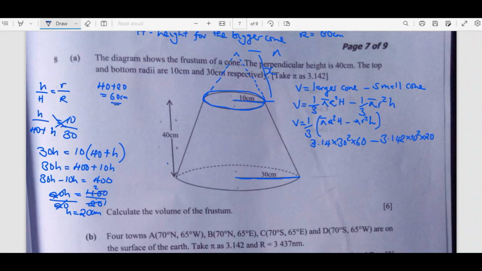We put them in brackets, and then here we have 1 over 3 of the volume. When we multiply using our calculator, you can put everything on the calculator and it will help.